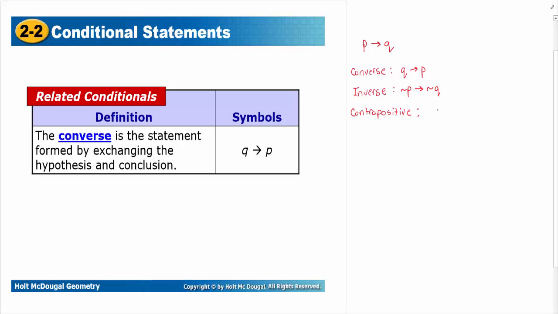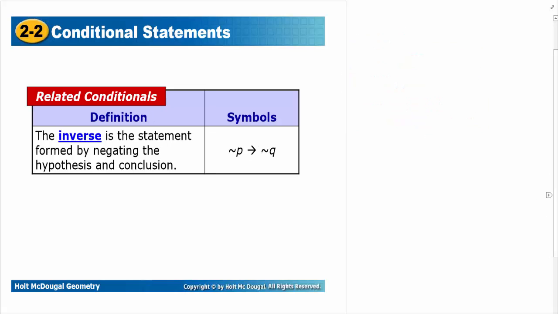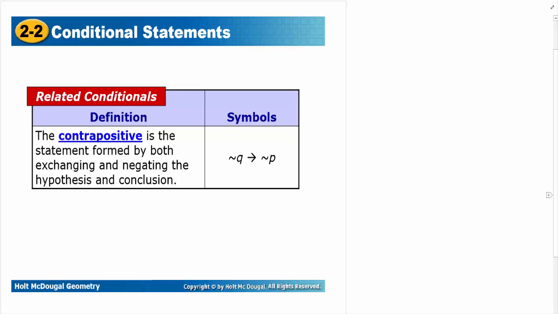So this would be if not Q, then not P. Notice you're combining the converse where you flip them and the inverse where you negate them. And that's what these next few slides are all about, making sure you know all those different types of statements. So you'll see that here, talking about inverse, here, talking about contrapositive.